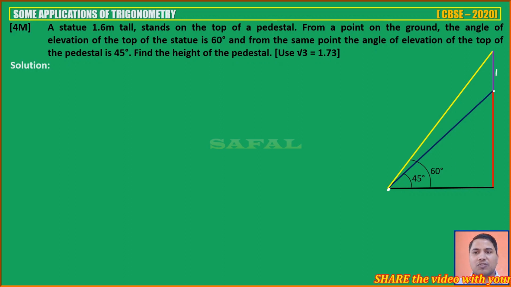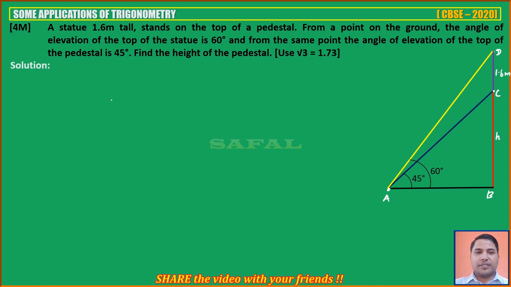This length is given to us as 1.6 meter and this red one is asked. So let me call it H. I can name the points A, B, C and let's say D. We are supposed to find BC. So BC we have assumed as H, that we are supposed to find.